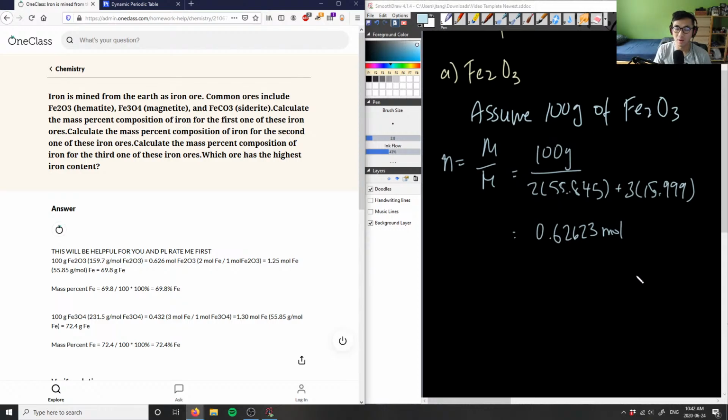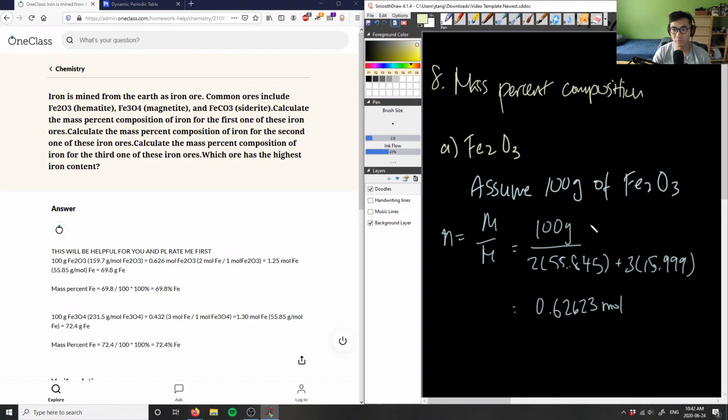And again, what we can do is write out our chemical formula to figure out the mole ratio, right? So we have Fe2O3, so we're going to have Fe3+ and O2-, right? And then we can balance this out by writing a 2 for iron, and you can think of this as 3 over 2 for this guy, or you can think of it as 3 here to give us 6, and this one would give us 2, and this one would give us 4.